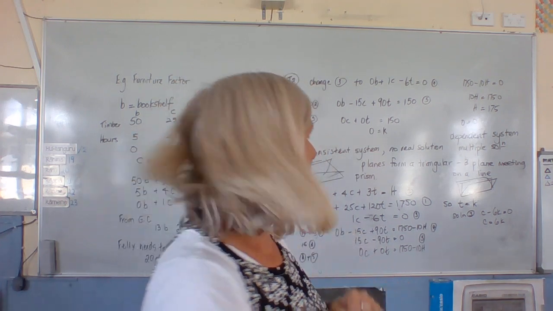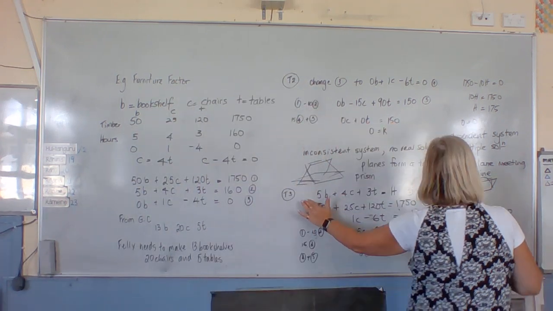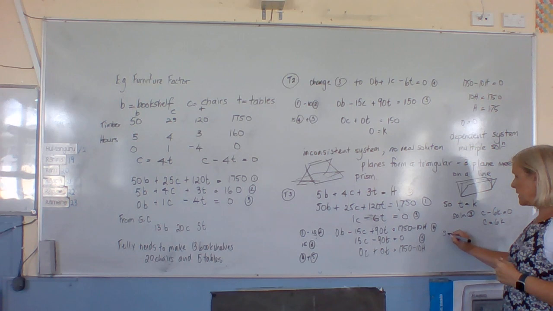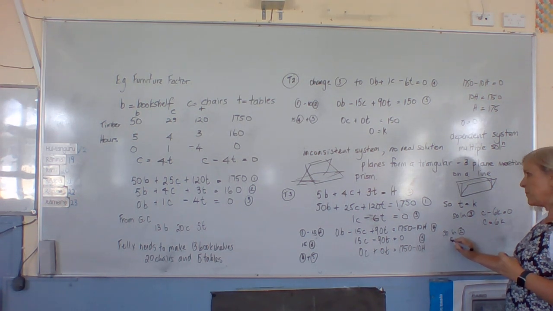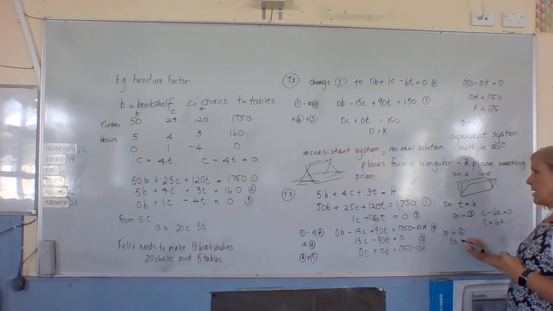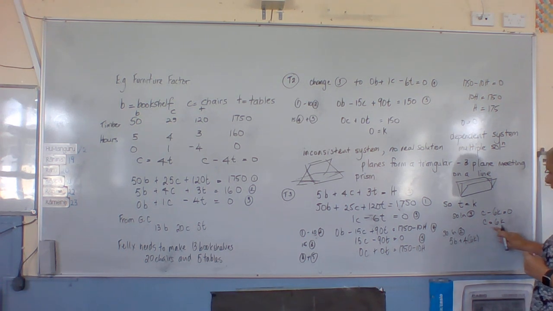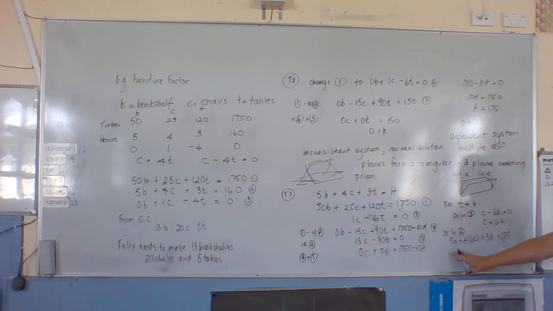But in our last one, which we're going to go back to because it looks nicest, so in equation 2, we've got 5b plus 4 times 6k, because that's what c is equal to, and 3 times k, because that's what t is equal to, equals 175. All right?